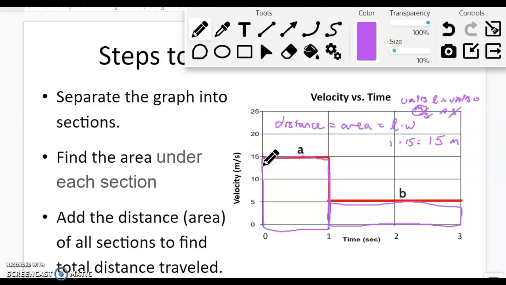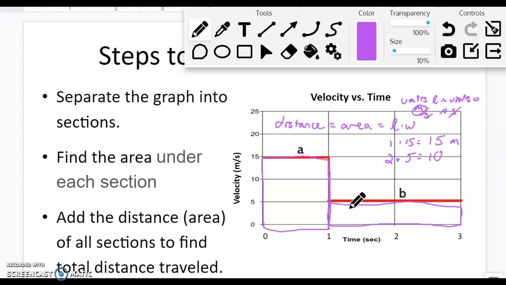Okay. For section B, we have to find the area and we take its length, but the length is not 3 because it starts at 1 and it goes to 3. The length is actually 2. The width is how high it goes up, and this one only goes up till it gets to the 5. So width is 5.